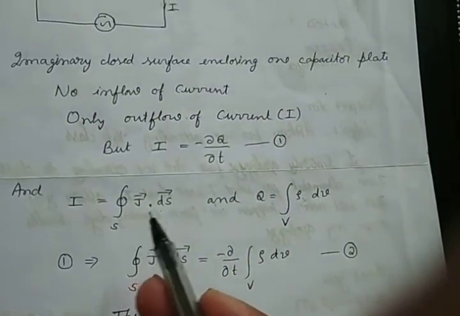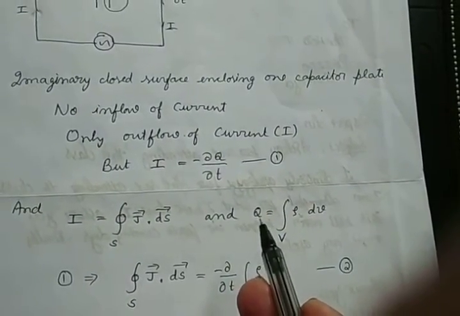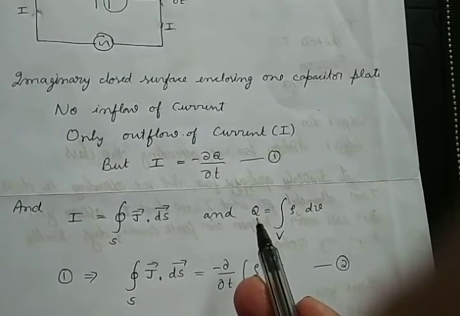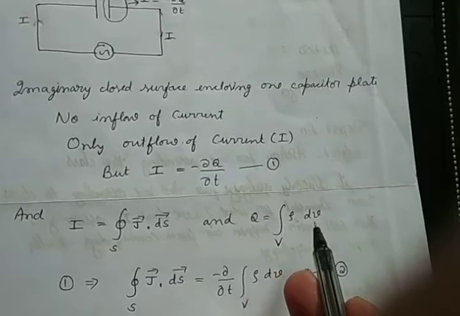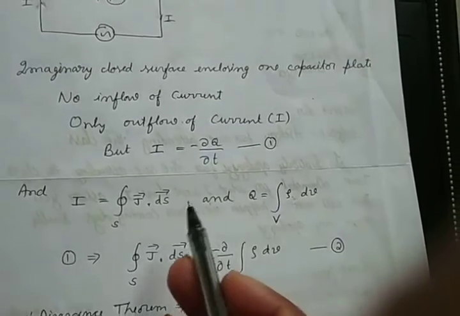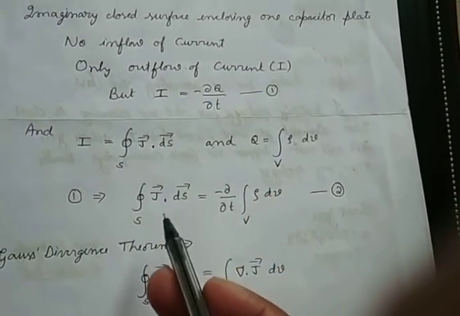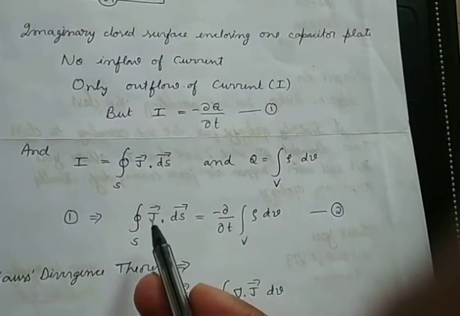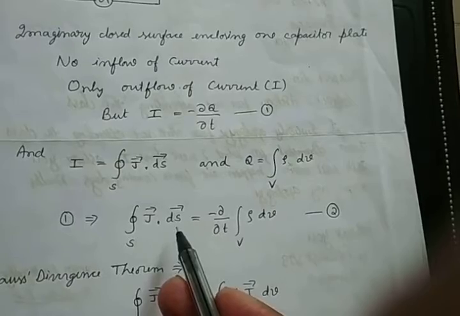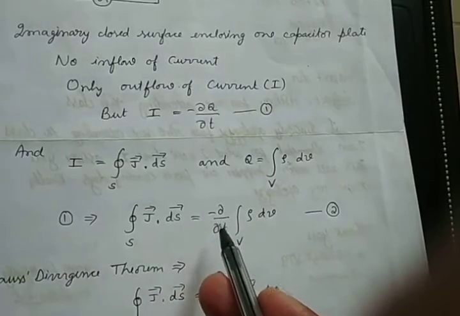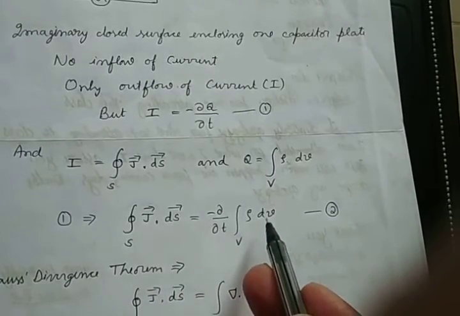The charge Q stored in that plate can also be written as the volume integral of rho dV. So equation 1 can be rewritten as: closed surface integral of J bar dot dS bar is equal to minus d by dt of the volume integral of rho dV.